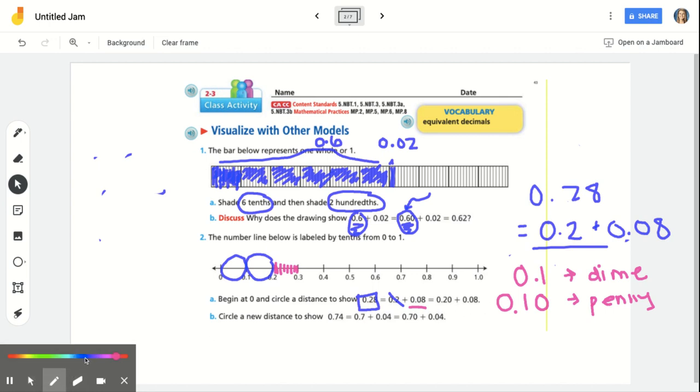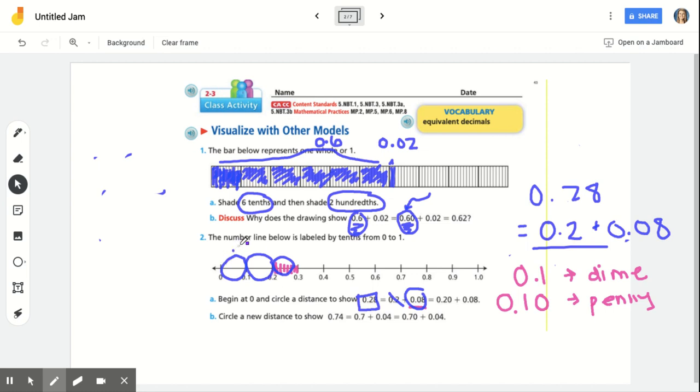And now we're going to keep circling to represent 8 hundredths. Out of these 10 hundredths that we just drew out, how many hundredths are we going to circle? 8. So carefully count out to 8. And there we go. Okay, and let's label.